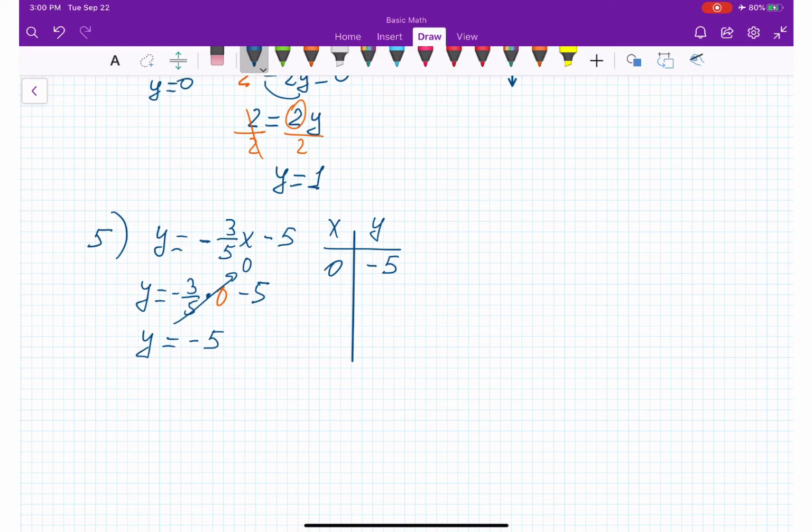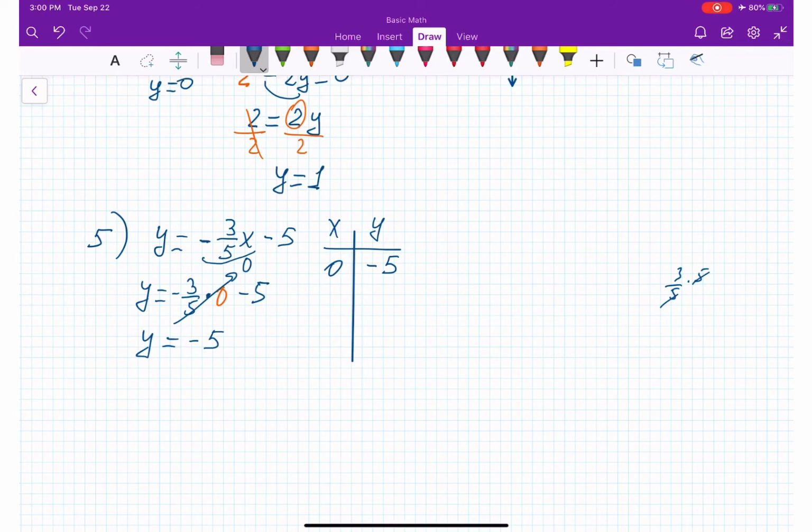Now I want to take another number, so I have negative 3 over 5x. It's a fraction, so I would like to take x is equal 5. So when multiplying 3 over 5 by 5, they would cancel each other, right? That's what I meant when I said at the beginning you will choose a convenient point.